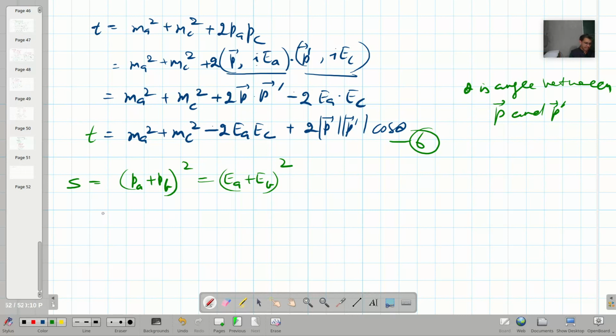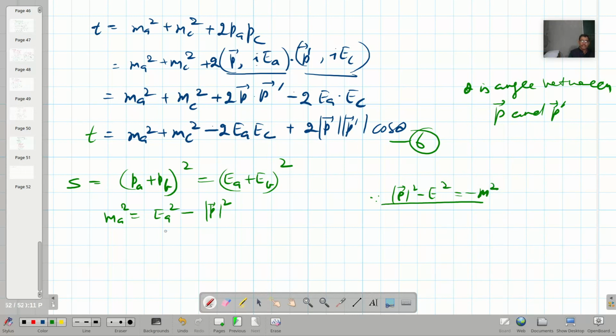Since we know that MA square is equal to EA square minus P square, because in the earlier lecture we wrote down this expression, using this I can write it in this way.